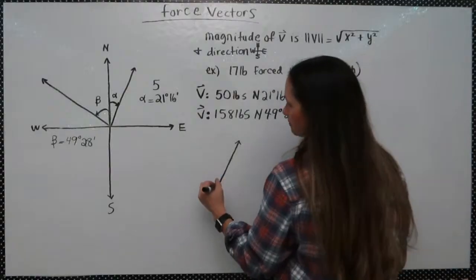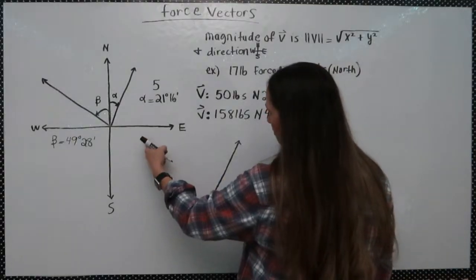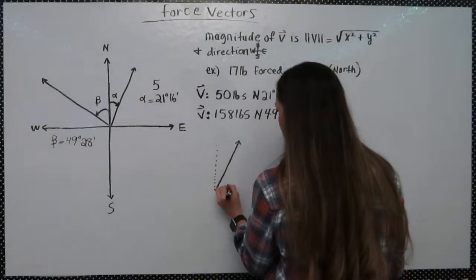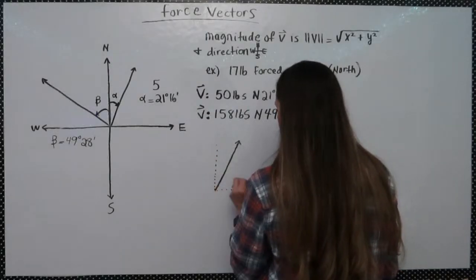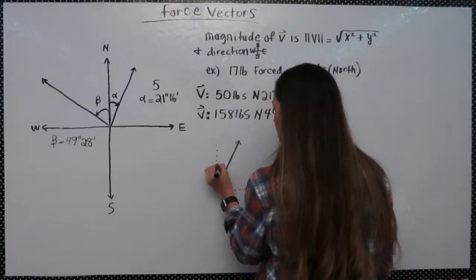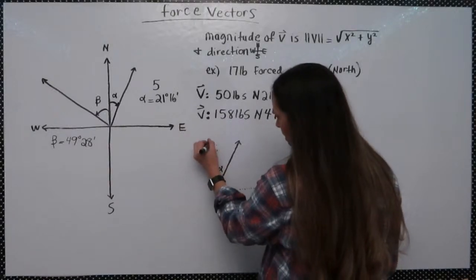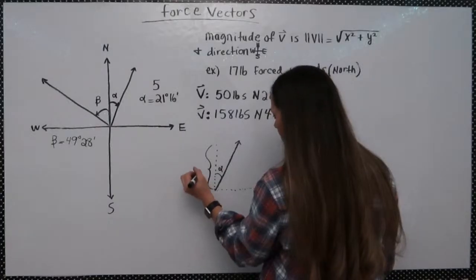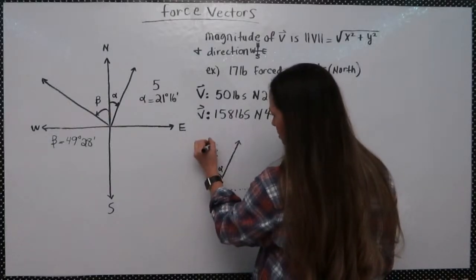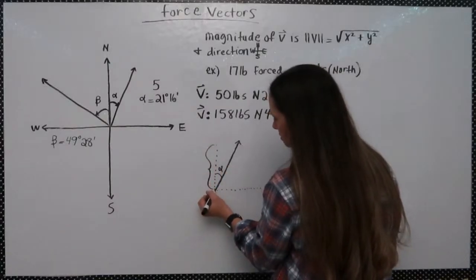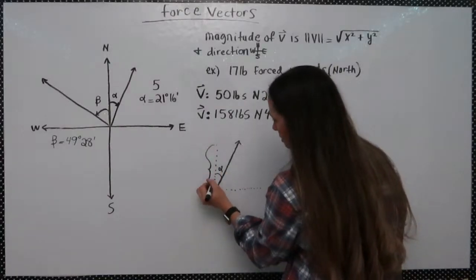What we're doing is we're using the x-axis and splitting it up into vertical and horizontal components. So we have the angle alpha, and this vertical component is going to become the y.